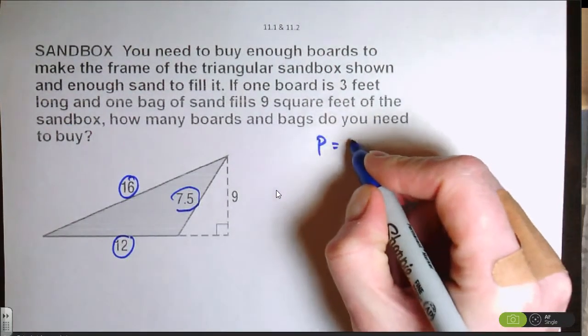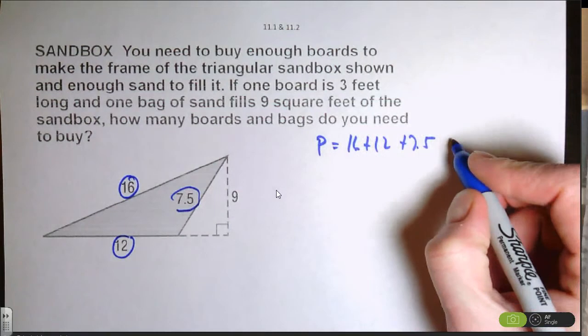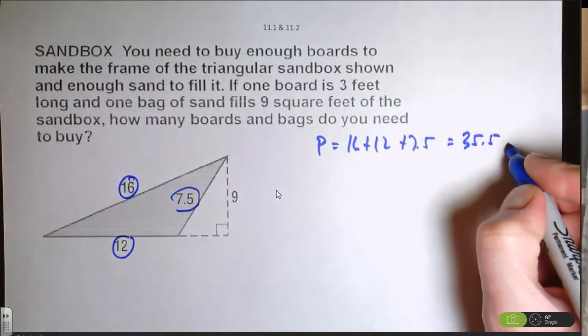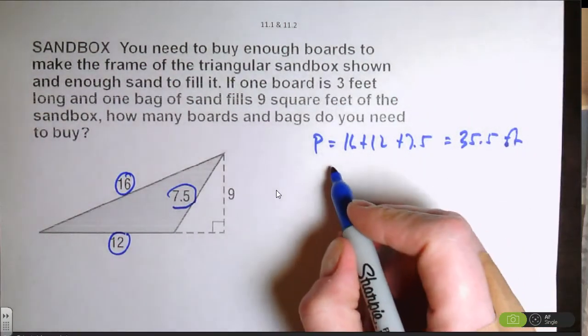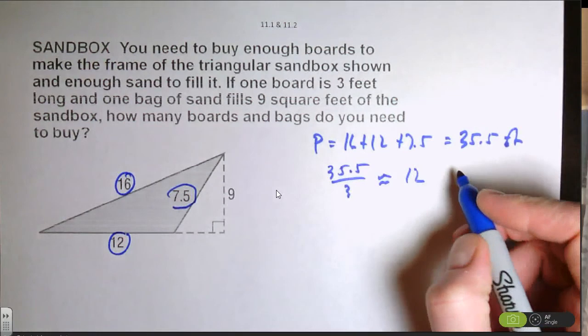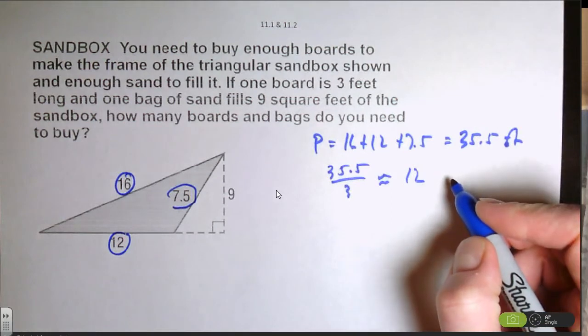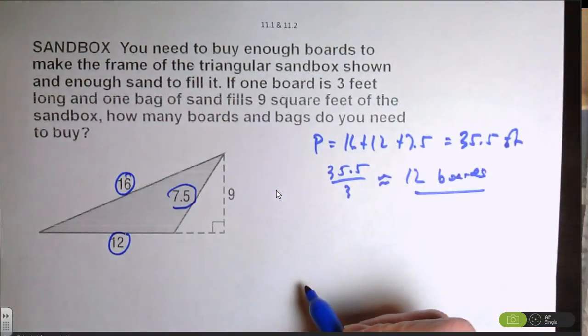So perimeter equals 16 plus 12 plus 7.5. So 28 plus 7.5 is 35.5 feet. That's what we're going to assume. So to figure out how many boards we want, we're going to take 35.5 divided by 3, which is approximately 12. So we need 12 boards. Yeah, because one board is 3 feet long.